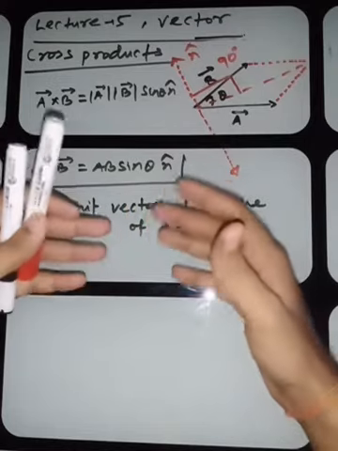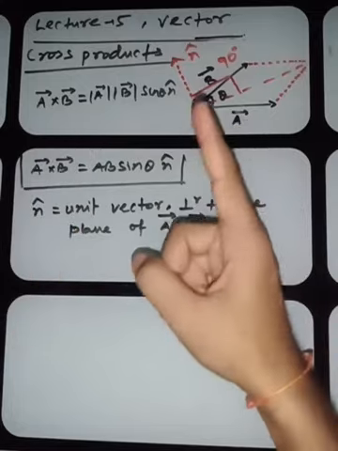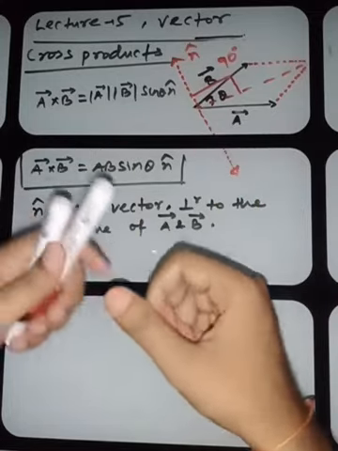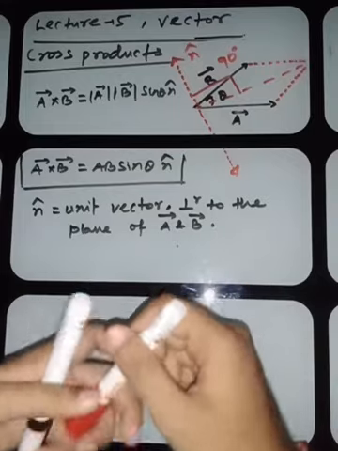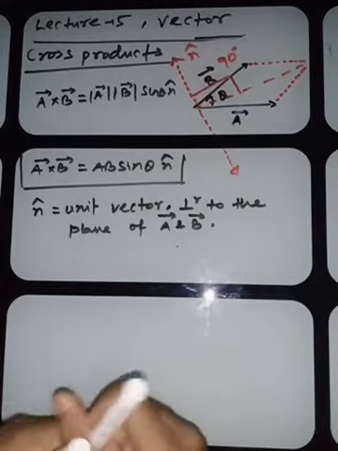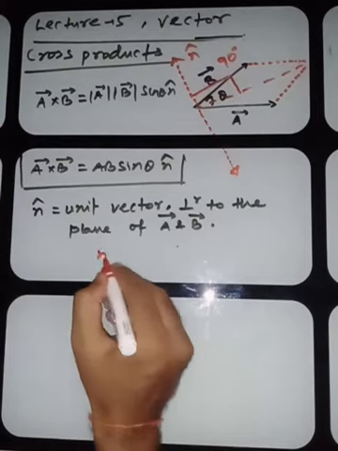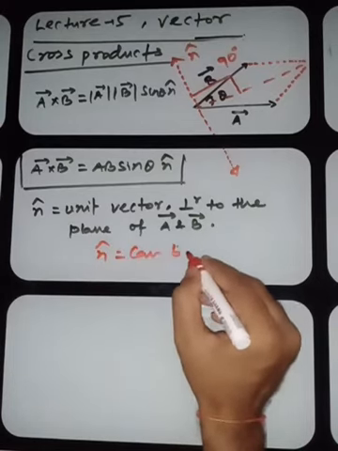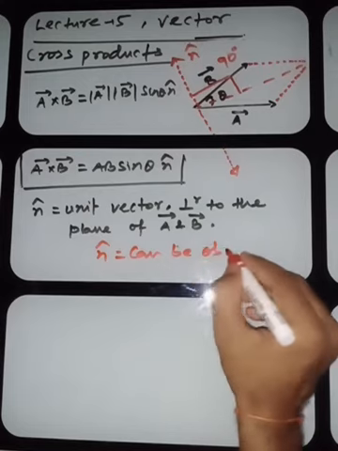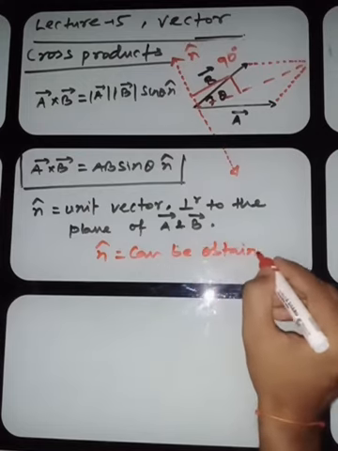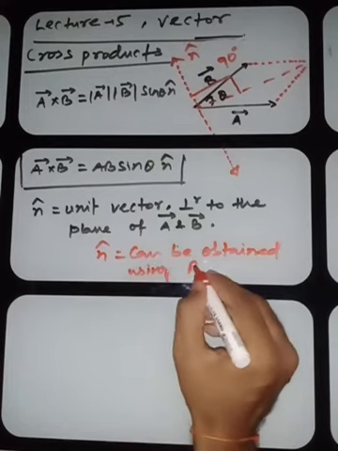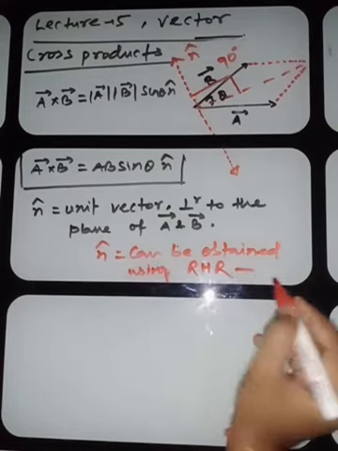Otherwise, it will be very difficult to find the value of n cap. So you can write here, this n cap can be obtained using right hand rule.